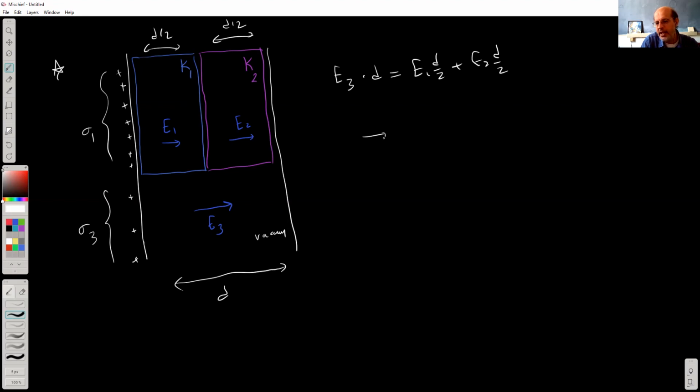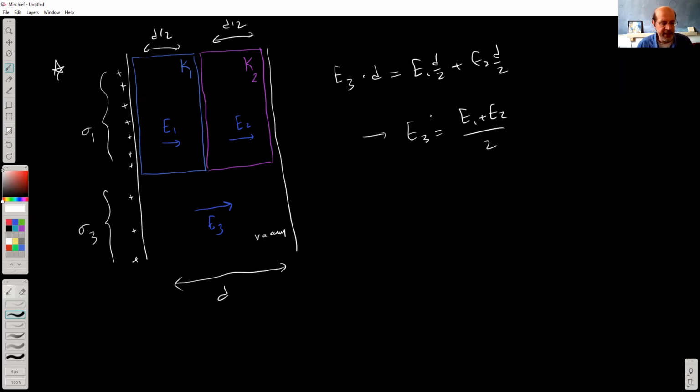You can use these principles to find some relationships between these quantities and then eliminate some of them, and then use Gauss law to relate E1 to E2, and use some method to actually compute these things.